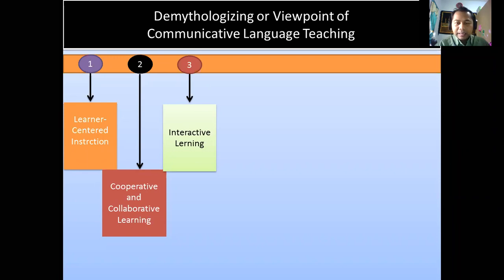Interactive learning can be done using cooperative and collaborative learning. But interactive learning is not only applied in cooperative and collaborative learning. But this is a viewpoint in communicative language teaching to implement the 6 characteristics. For students to master communicative competence, the classroom should be interactive.